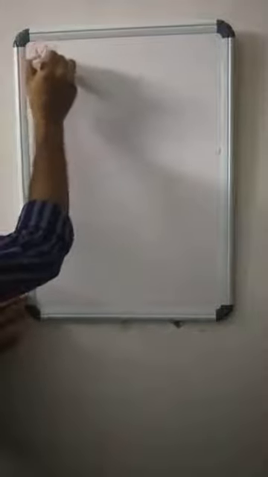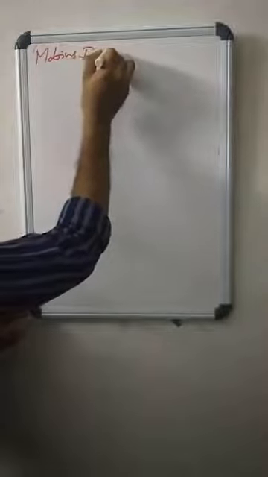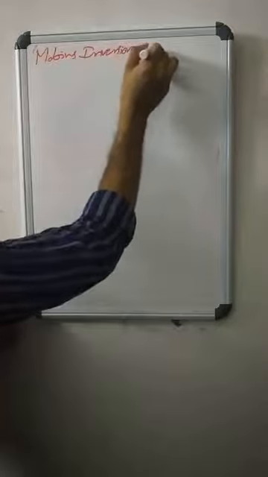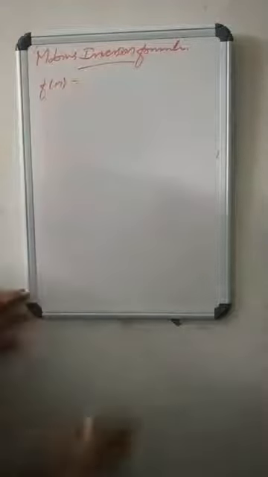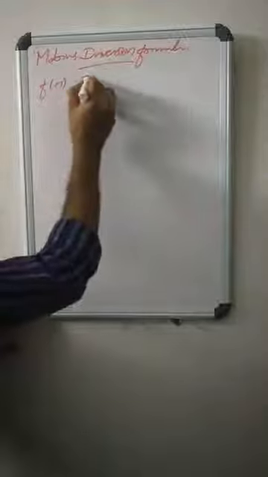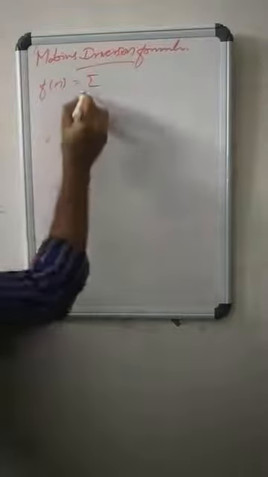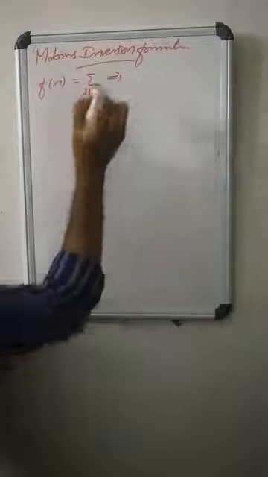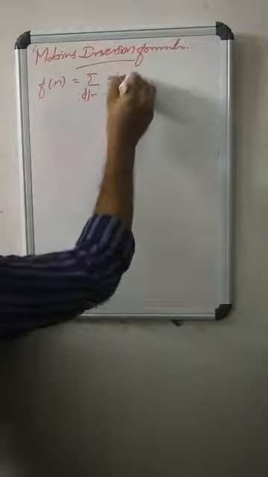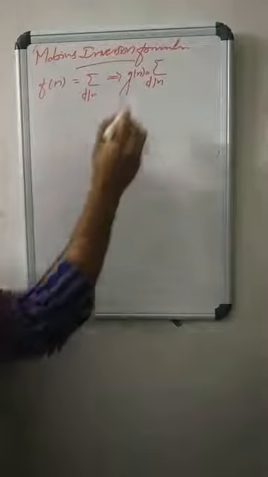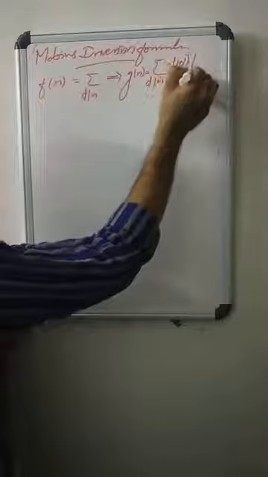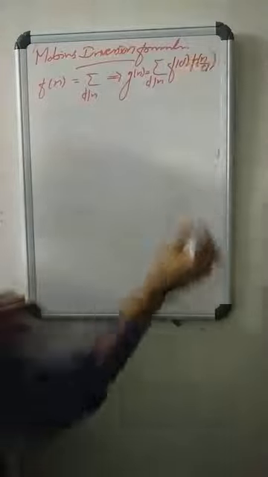The Mobius inversion formula: if f of n equals sigma d divides n g of d, then g of n equals sigma d divides n f of d into mu of n by d.